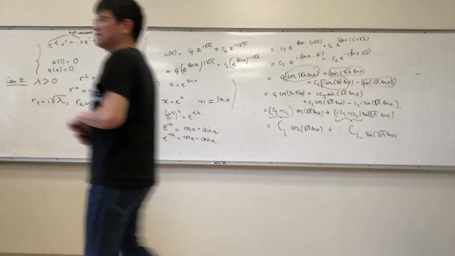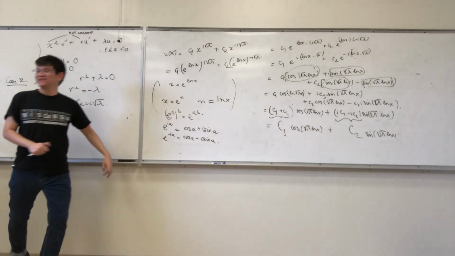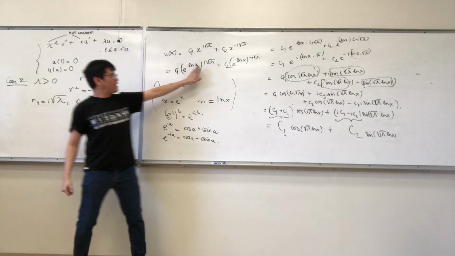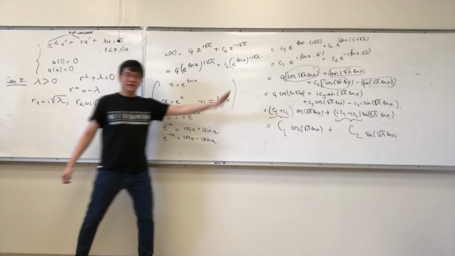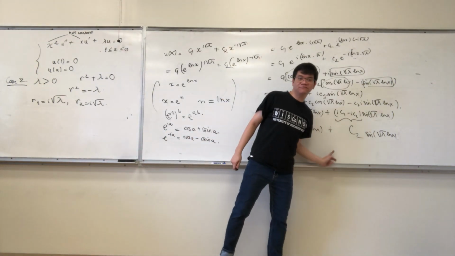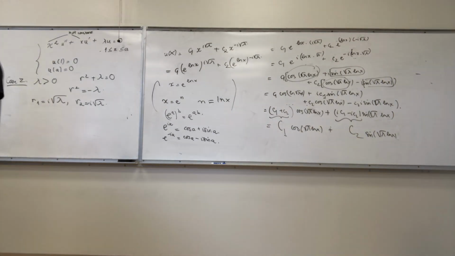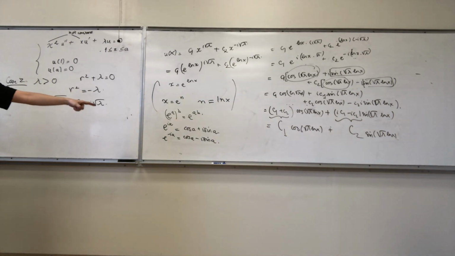Say it again. The question is in this case, you have to deal with the Euler formula and everything to get this form. But in the case of the constant coefficient case, you don't have it, right? So you go directly to cosinus and sinus.